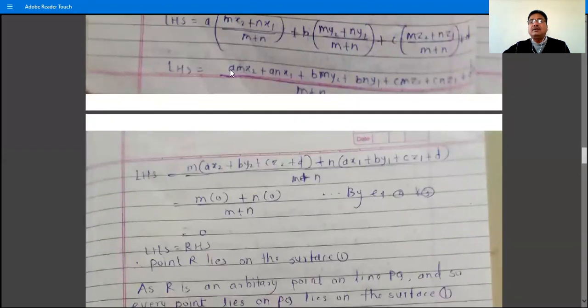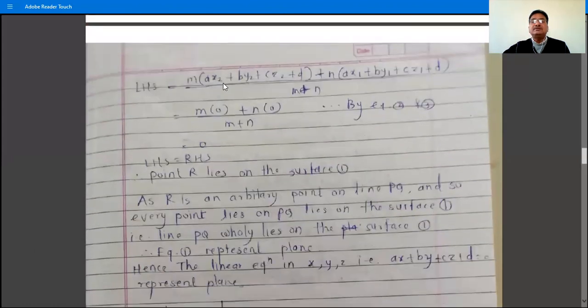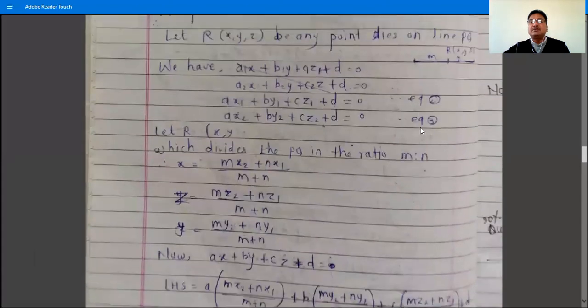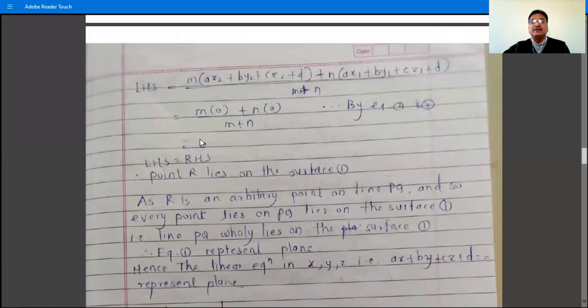Take m as common from this term: m times (ax2 plus by2 plus cz2 plus d), and from the remaining terms take n as common: n times (ax1 plus by1 plus cz1 plus d), all divided by m plus n. The values of these two brackets are 0 by using equations 2 and 3, and therefore the answer is 0.